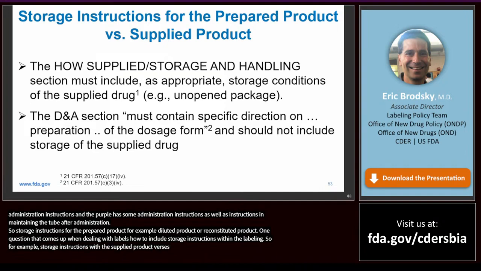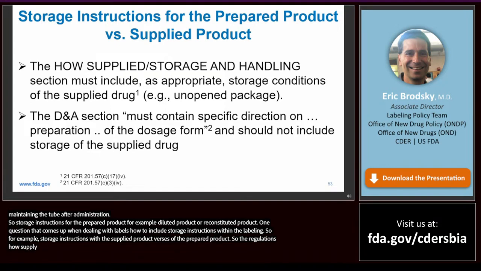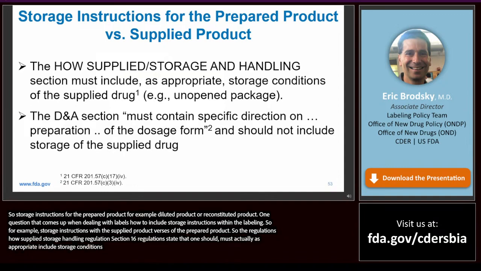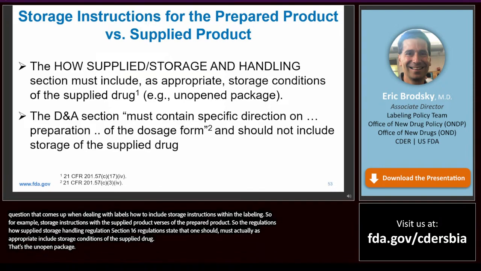Our regulations, specifically the How Supplied/Storage and Handling section, Section 16 regulations, state that one must, as appropriate, include storage conditions of the supplied drug. So that's the unopened package. So Section 16, if we didn't touch it, that's the storage instructions.